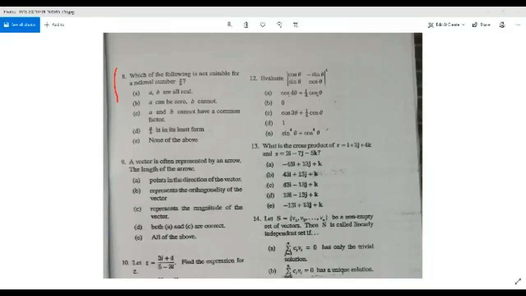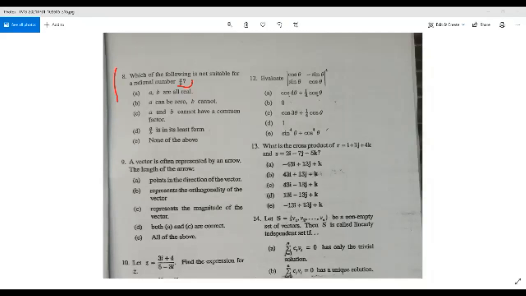Okay, good. So we are talking about this one, the A over B. Which of the following is not suitable for a rational number? Question 8. Can you see? I've displayed it.